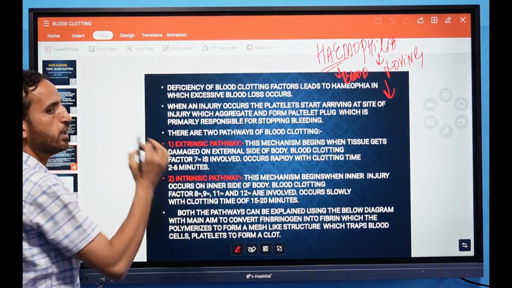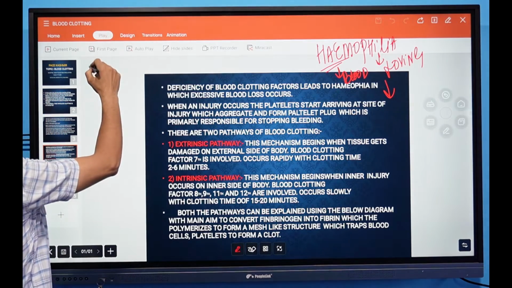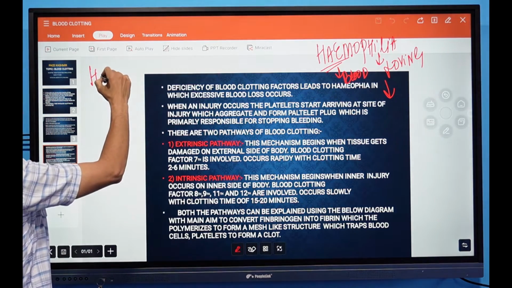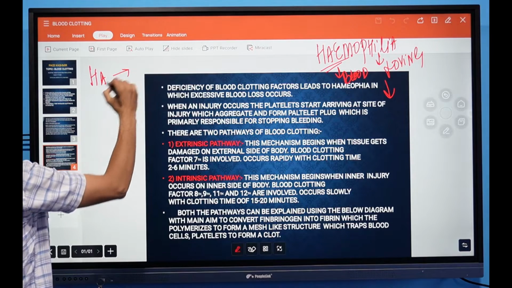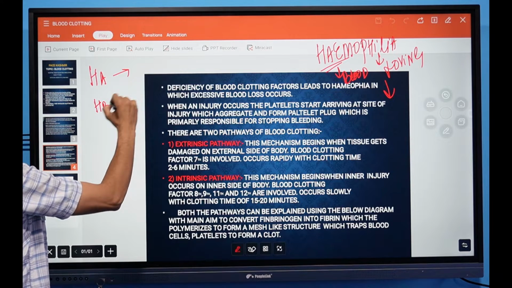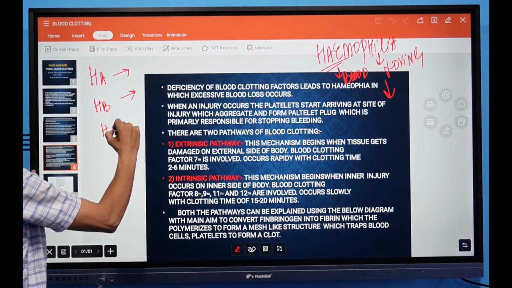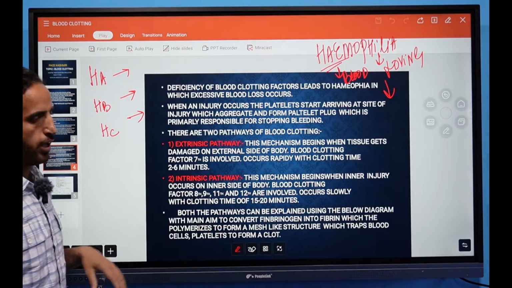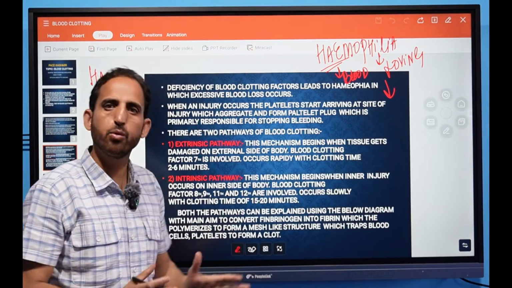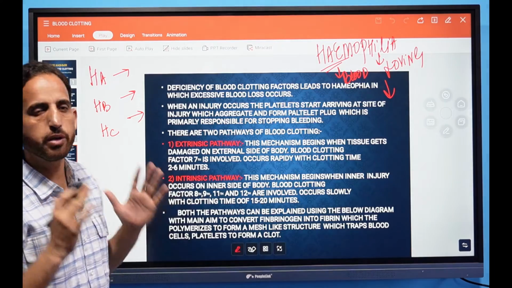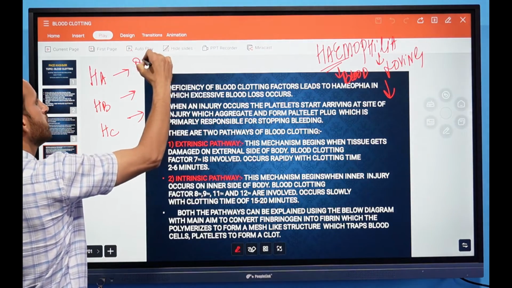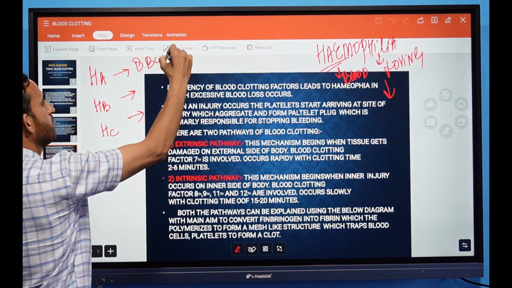Hemophilia is of three types: hemophilia A, hemophilia B, and hemophilia C. Hemophilia A is caused due to deficiency of the 8th blood clotting factor.